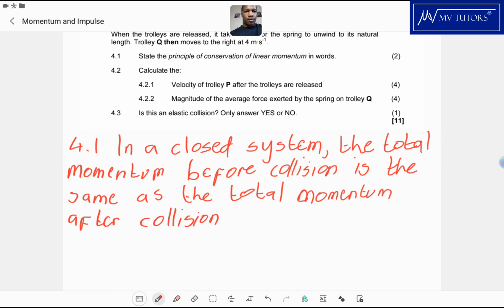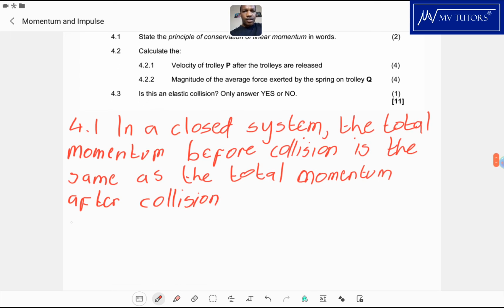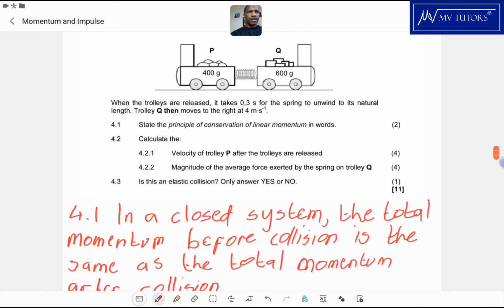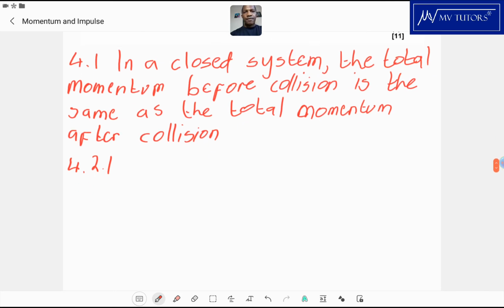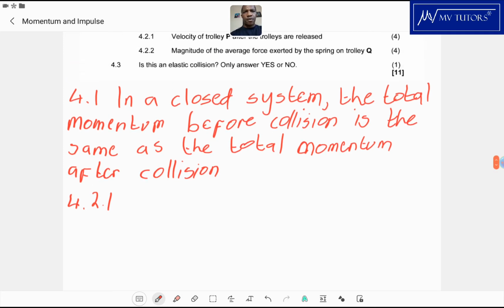That's all. All right, then let's jump into 4.2.1. It says calculate the velocity of trolley P after the trolleys are released. As you can see, the trolleys are there. They've asked us about the theory of the conservation of momentum, so now we just need to apply it.